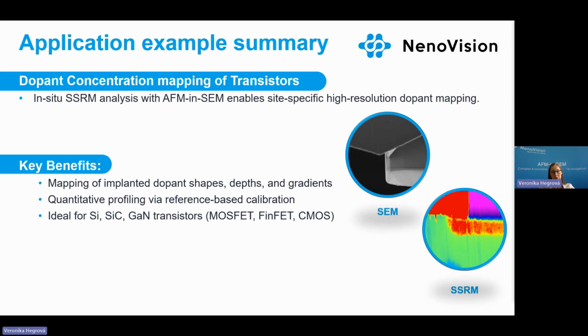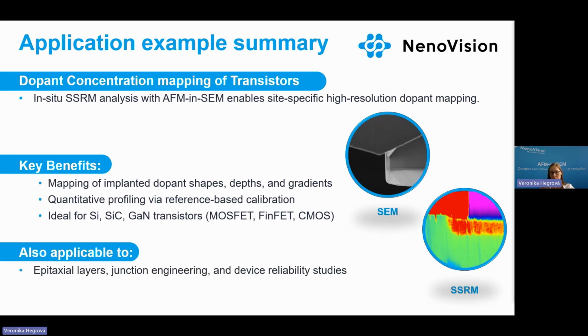We can quantitatively profile via a reference-based calibration. This is ideal for several structures. We've shown it on quite a large structure, but it can be much smaller as MOSFET, FinFETs, CMOS, or epitaxial layers, understanding the junctions, or device reliability studies.